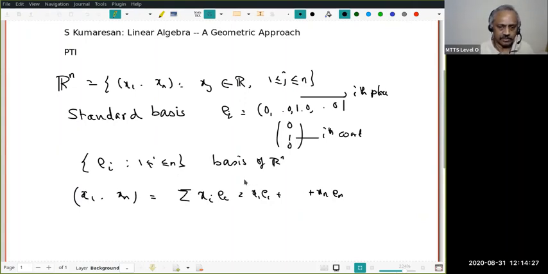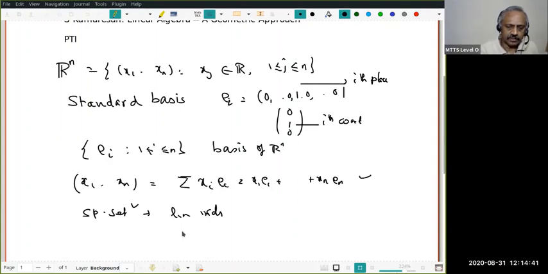I'm making use of my earlier video. To show it's a basis, I will show that this is a spanning set and then linearly independent. This shows it's a spanning set. Why is it linearly independent? Suppose c1 e1 plus ... plus cn en equals 0.